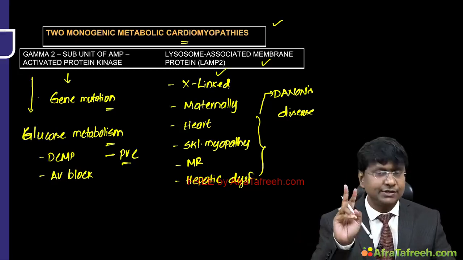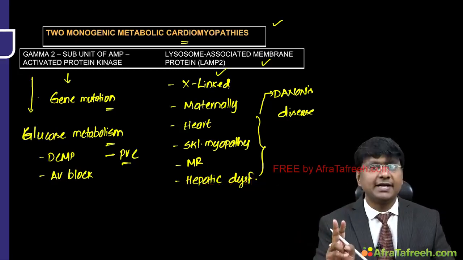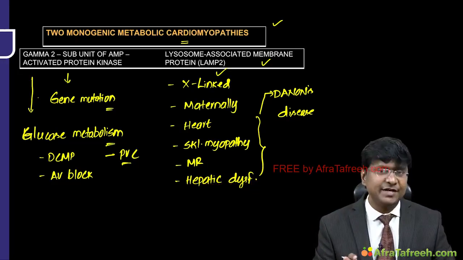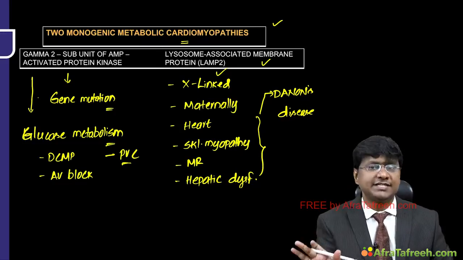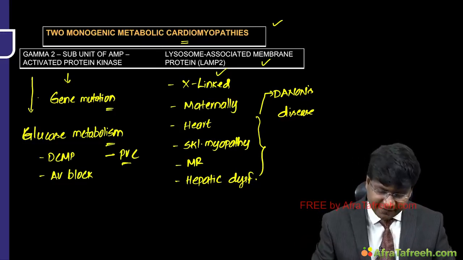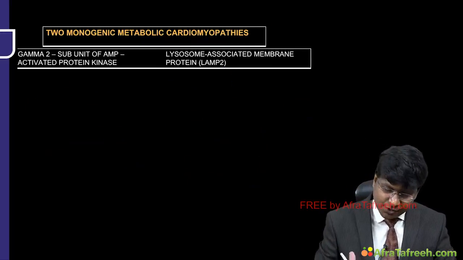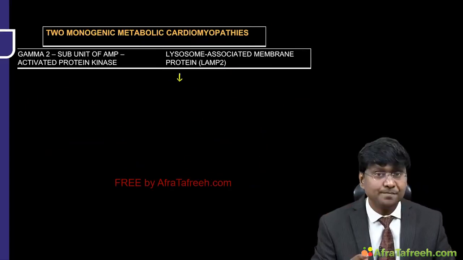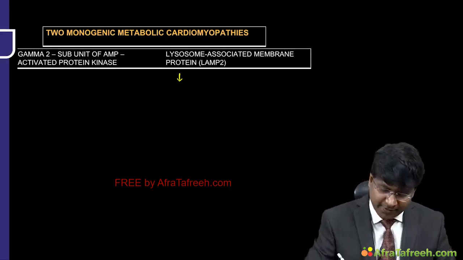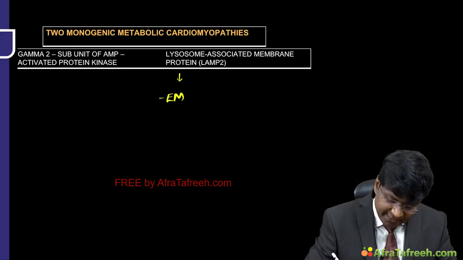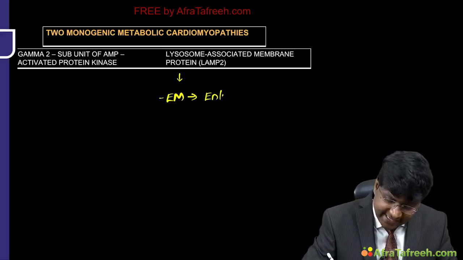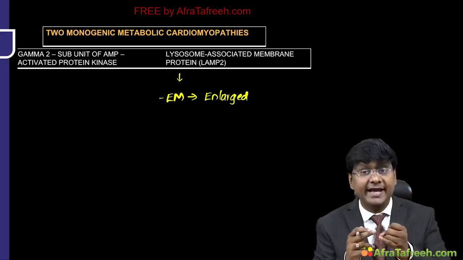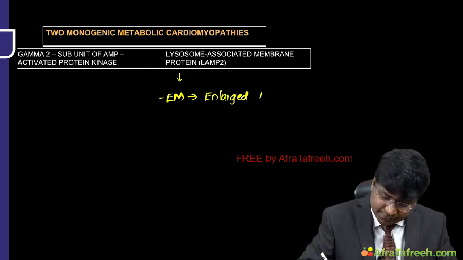So these are the two monogenic metabolic cardiomyopathies. These patients develop end-stage heart failure with reduced ejection fraction. Now in LAMP2, electron microscopy will show enlarged myocytes, with enlarged multiple intracellular vacuoles.